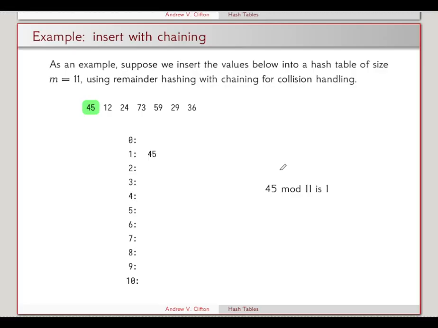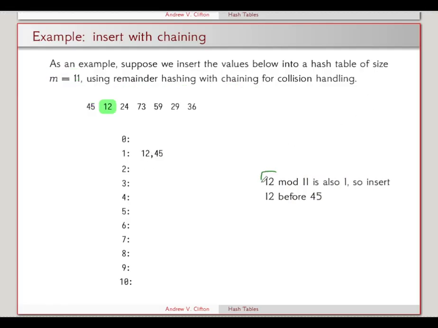So here's an example of inserting some stuff using chaining. I'm going to assume that we have m equals 11, and we're going to use remainder hashing with chaining for collision handling. So for these values, I'm basically just going to take them modulo 11 and then see where they should end up. 45 mod 11 is 1, so 45 goes in index 1. 12 mod 11 is also 1, so we're going to put the 12 at the front of the list. 12 gets inserted in index 1 before 45.